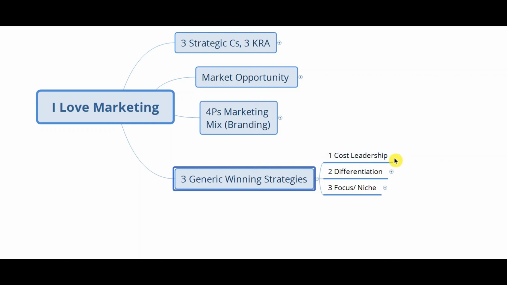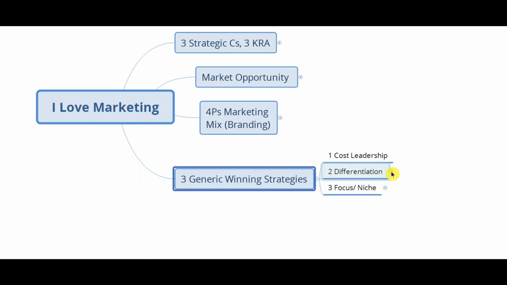But generally, this strategy is very limited, because if there are 10 players in the marketplace, there's only 1 or 2 companies who can claim cost leadership. Okay, so this is nice to have, but for those who are not cost leaders, you have 2 options. You can either differentiate or you can focus on a niche.